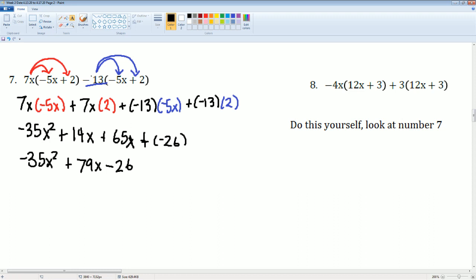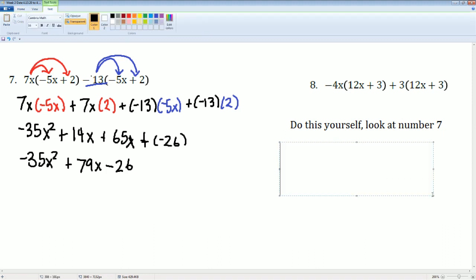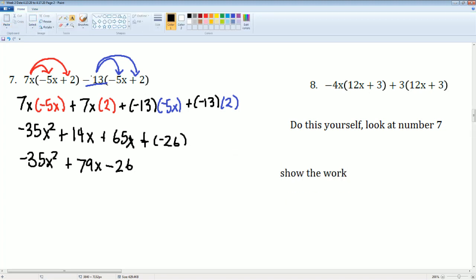Let me give you the answer, but you have to do the work. You're not going to get credit if you do not show the work. So show the work. I'm just going to give you the answer so you can double check your work.